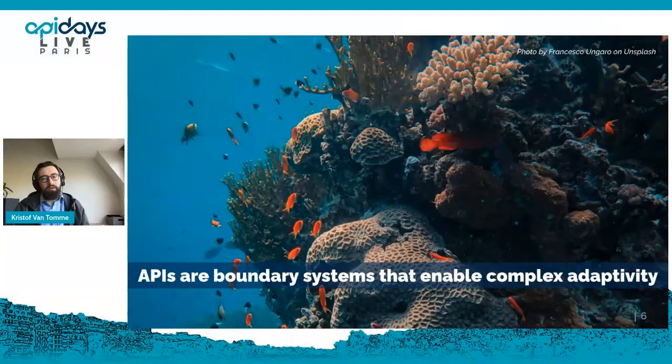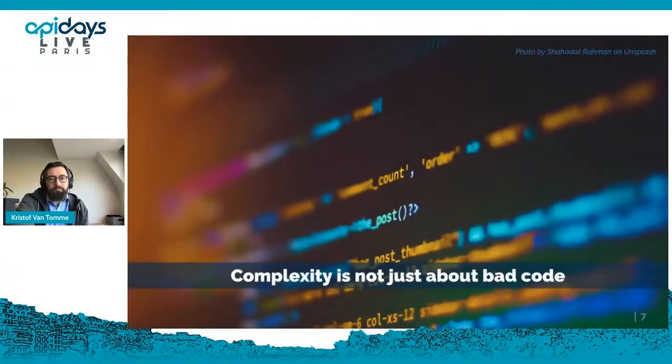We're creating boundary systems that enable complex adaptivity. That's a lot of complex words, but this is what I'll try to explain a little bit, laying this link between biology and biological complexity and the social technical systems that we live and work in and build software for. Because complexity is not just about bad code.